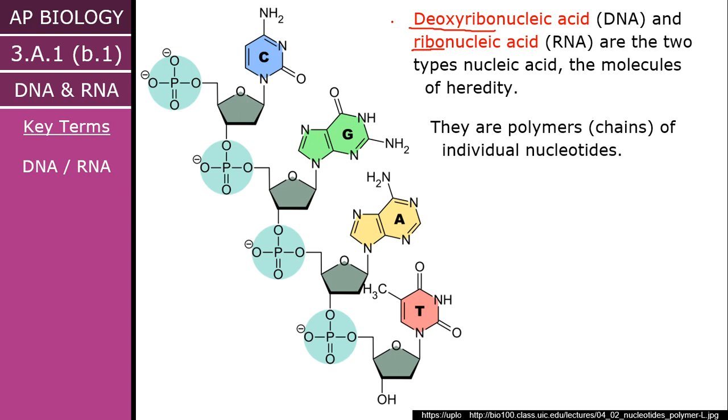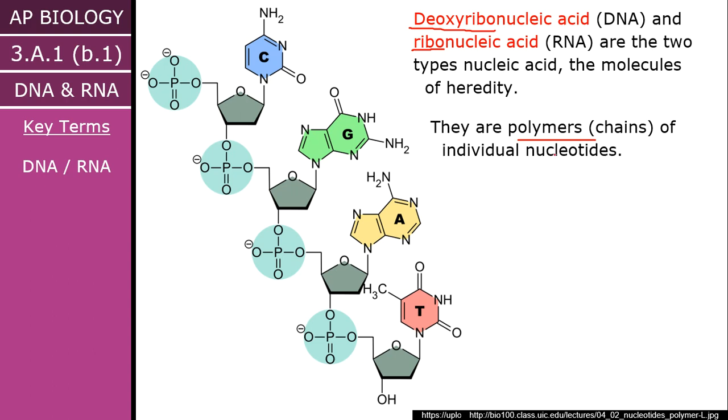So these are the two types of nucleic acid that we've learned from chapter 5. And they're what we called polymers. So if you remember from chapter 5, all of the macromolecules to some degree had chains of individual monomers, right? So like your proteins were actually polypeptides that were made up of all of those amino acids strung together with peptide bonds.